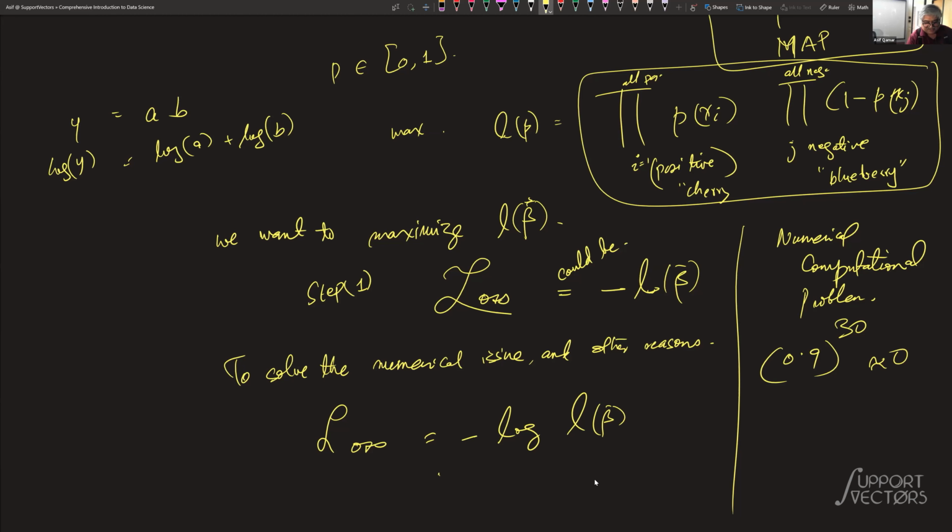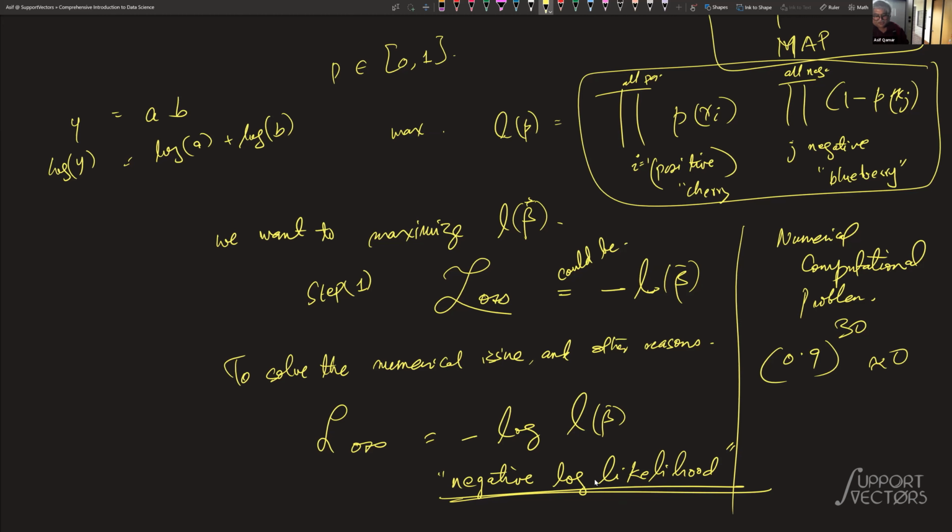So what is it? It is the negative log likelihood. That is the technical term you'll often see: the loss function for classifiers is negative log likelihood, right?